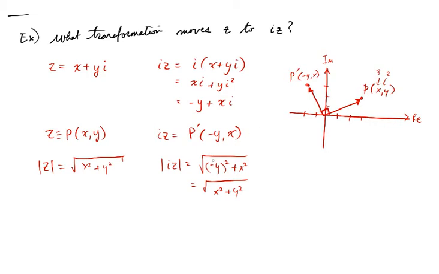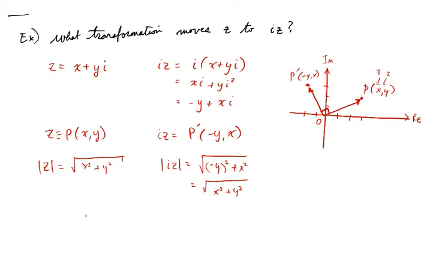Okay, OP prime. Remember, this is O. OP prime is equal to OP. This distance is equal to this distance. So the only transformation that occurs from this vector to this vector is a 90-degree rotation in the counterclockwise direction.